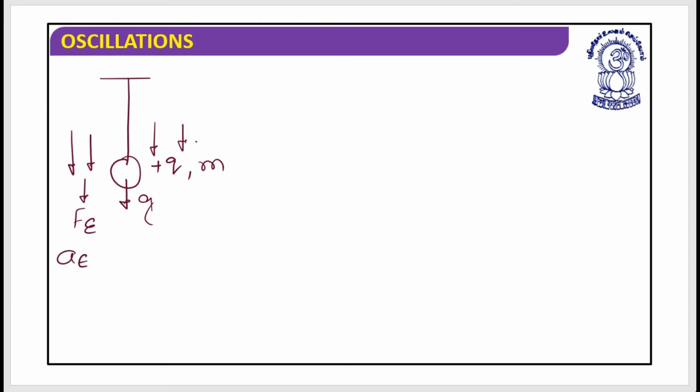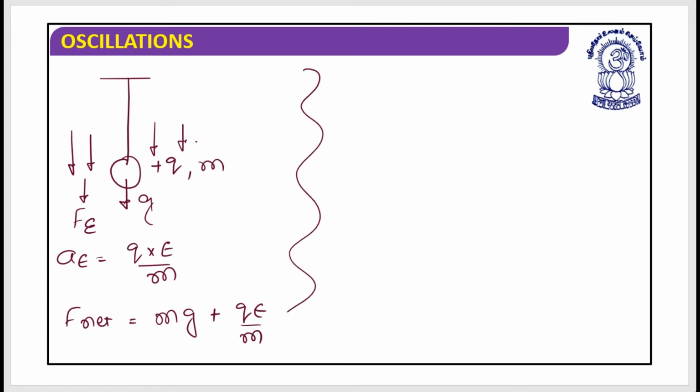The acceleration ae would be equal to charge multiplied by electric field divided by mass m, in the downward direction because the charge is positive. So the net acceleration would be g plus qE by m.